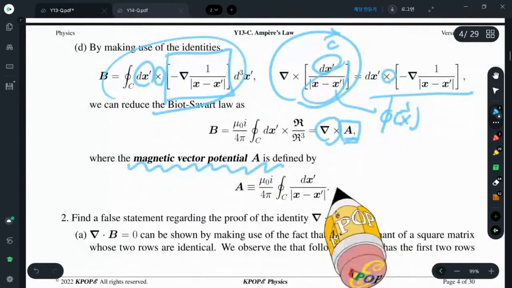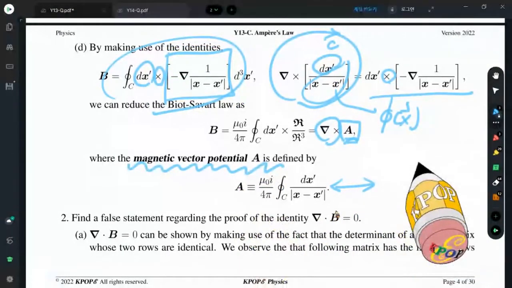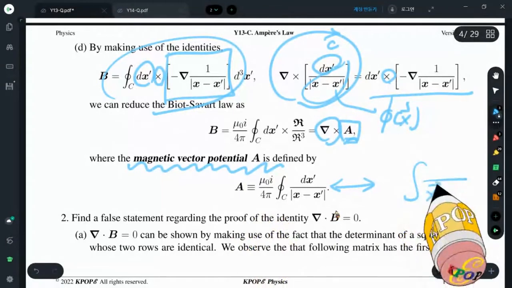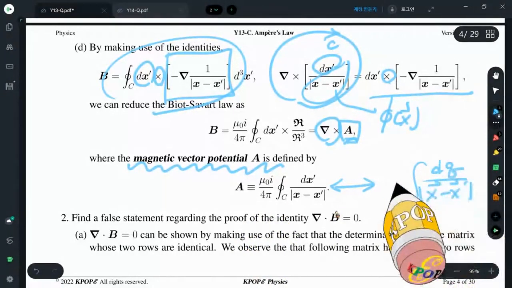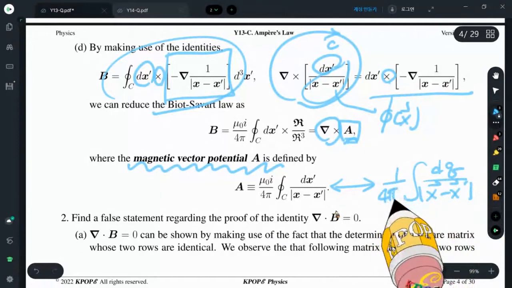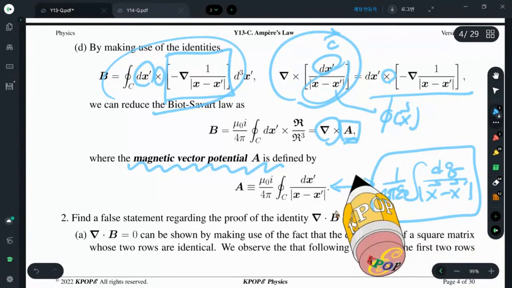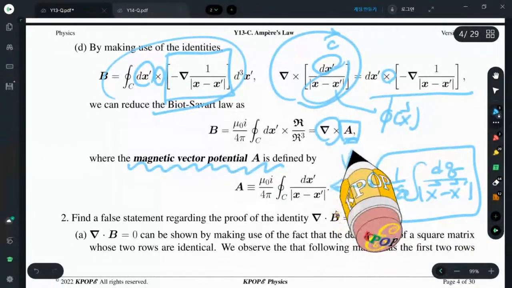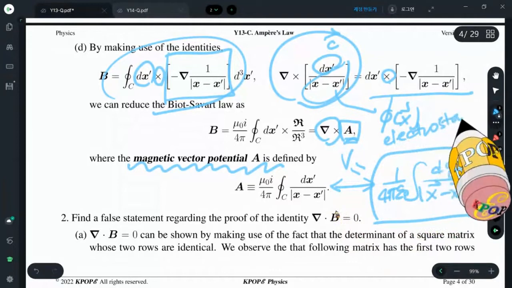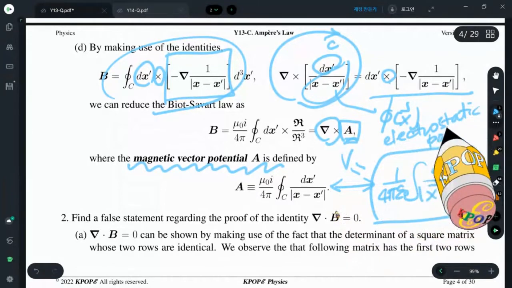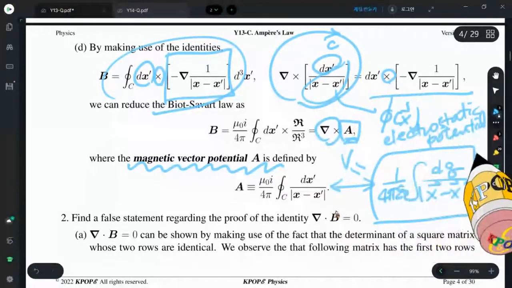We remember it is very similar to the integral of dq over the magnitude of x minus x prime, times 1 over 4 pi epsilon 0. You remember this. This is the electrostatic potential. It is very similar in shape.